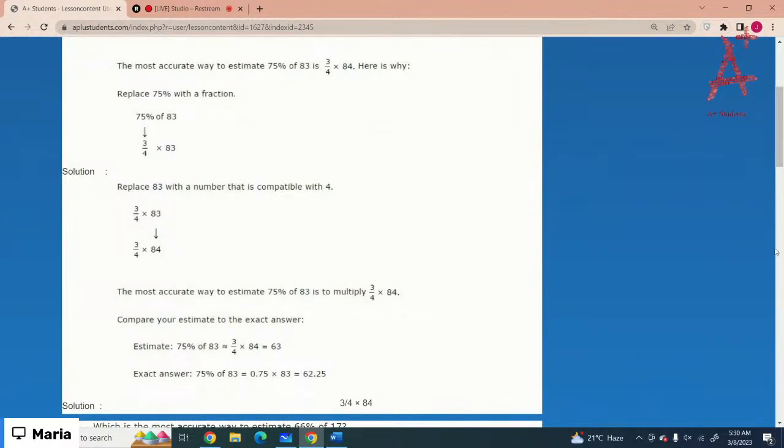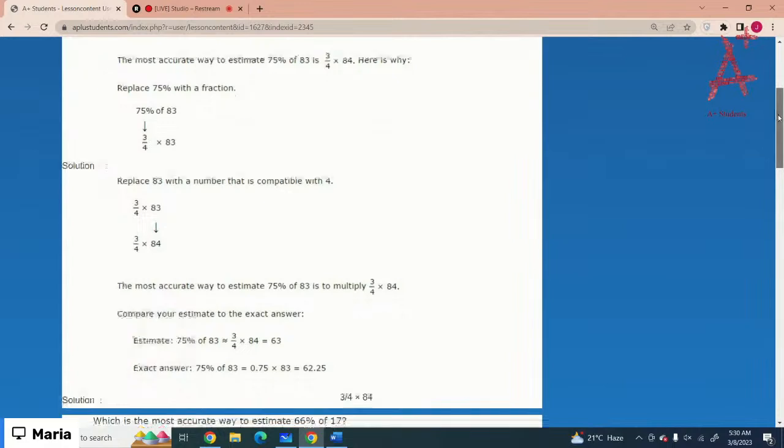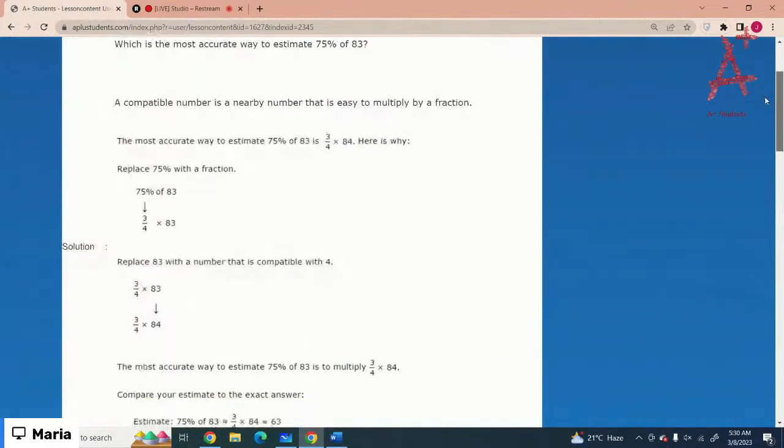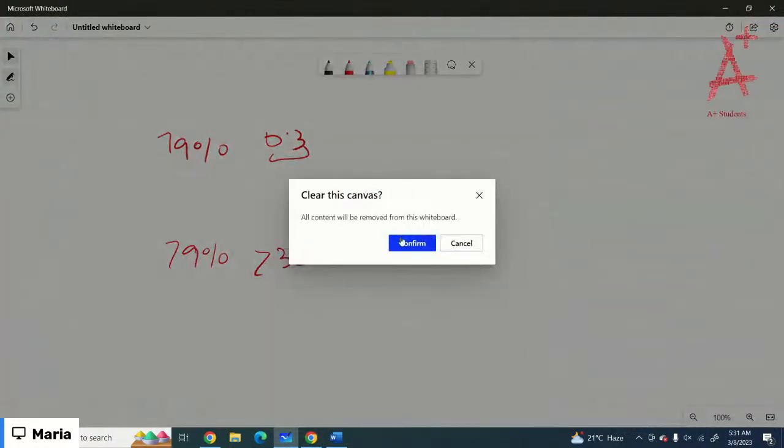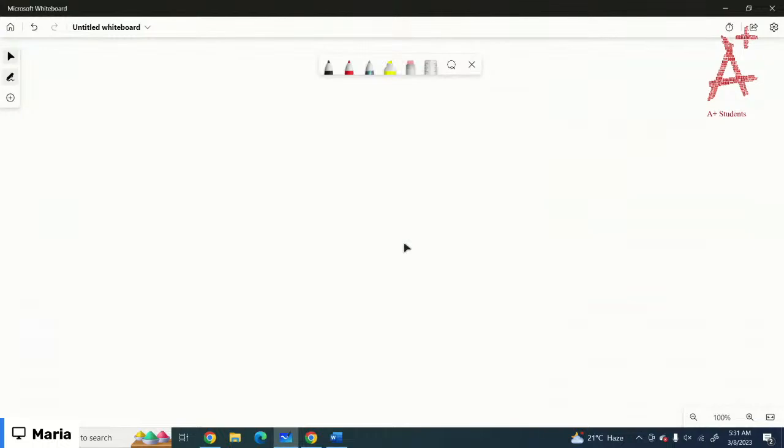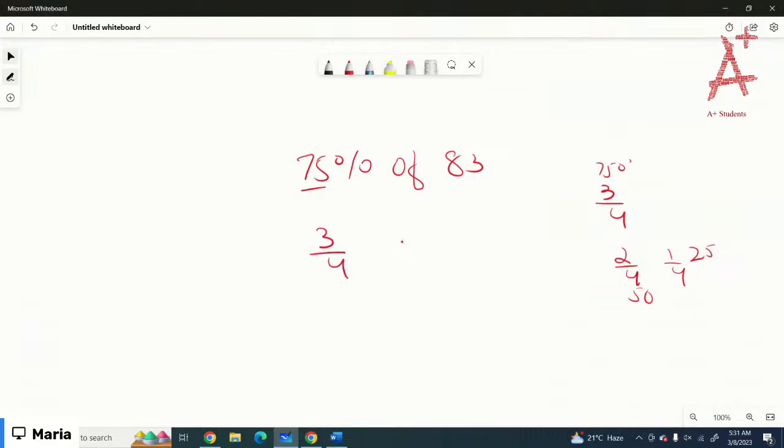Basically you have to estimate. 75% of anything means 3/4 of a portion. Got it? 2/4 is half, 1/4 is 25%, and this is 75%. So just calculate 3/4 of 83.